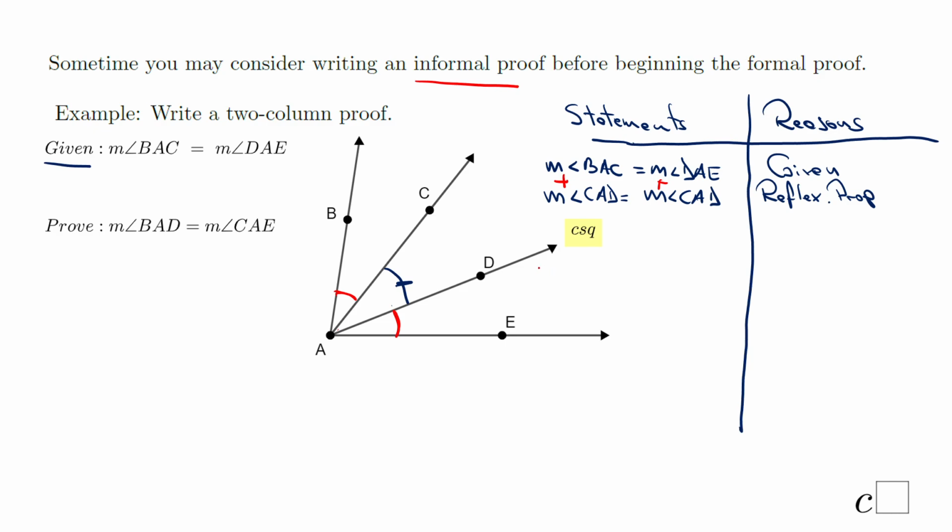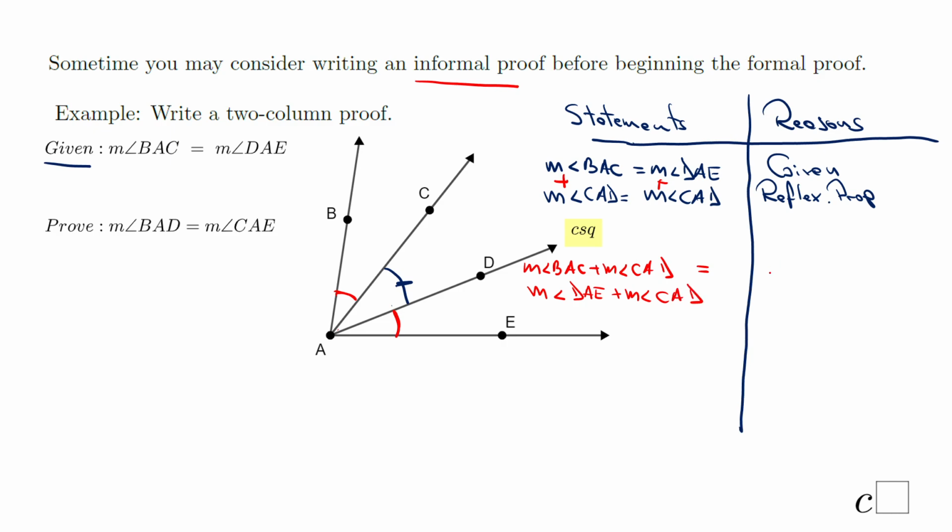So I'm going to have here the measure of angle BAC plus the measure of angle CAD equals with what? With the right side, right? The measure of angle DAE plus the measure of angle CAD.